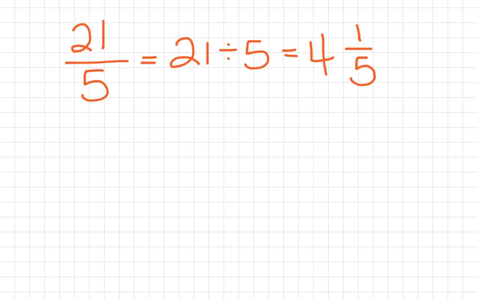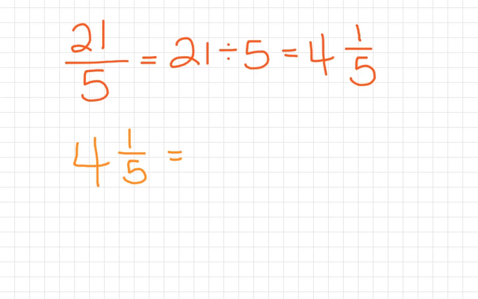Now, one of the last things that we had worked on before we left was converting this mixed number back into an improper fraction. So let's just stick with the same problem here. We've got 4 1/5, and we want to change it back into that improper fraction. The procedure that we did for that, if you remember, is we took this denominator times the whole number and then added the numerator.